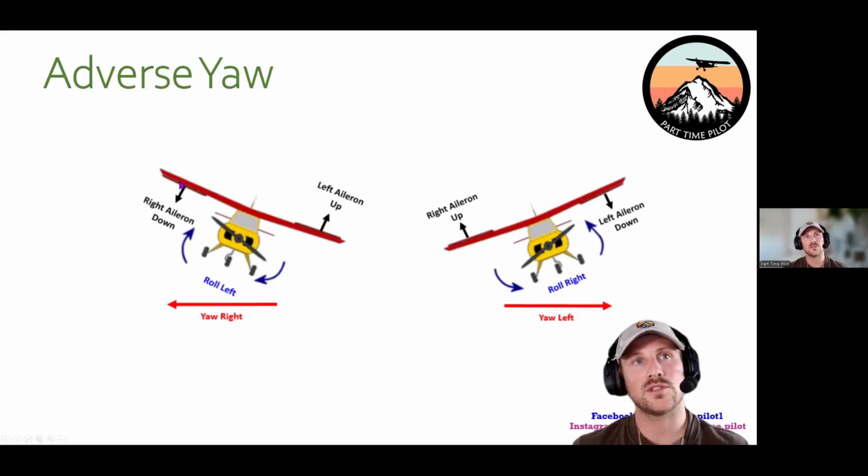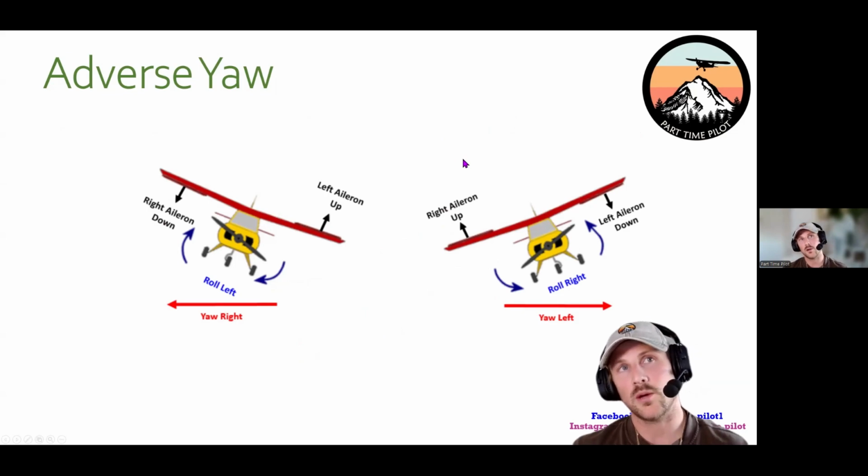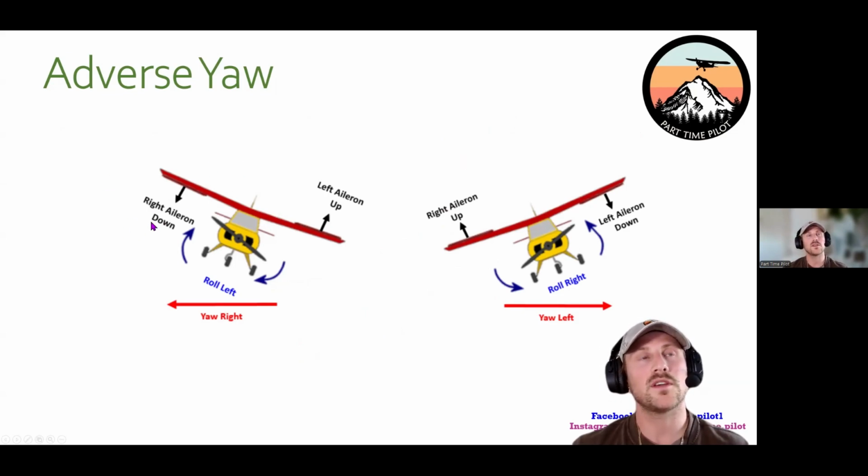Here, if we're rolling to the left, we have our right aileron down, creating more lift, making our horizontal lift vector and helping us turn to the left. But because we have more lift over here, we also have more drag over here. So it's going to push on this wing and cause our nose to yaw in that direction, opposite the direction of our turn.